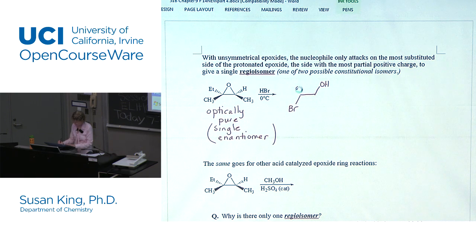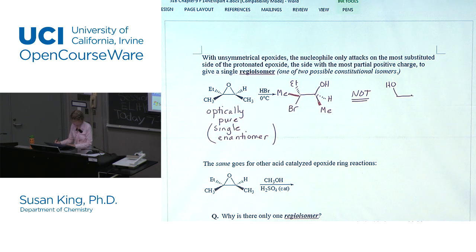We do not get a pair of enantiomers here. We do not get the enantiomer. And so I'm going to draw it, and that's not even the enantiomer, is it?